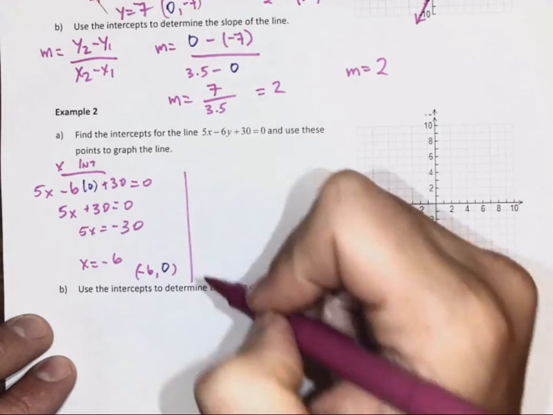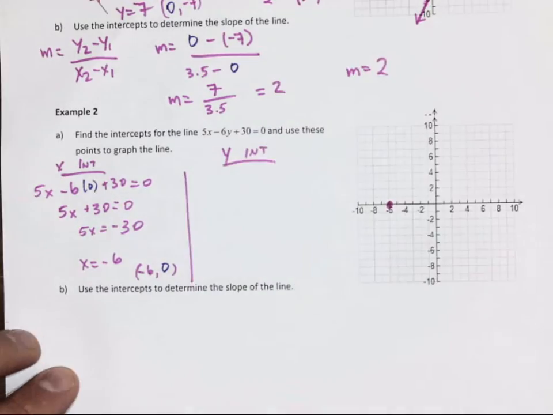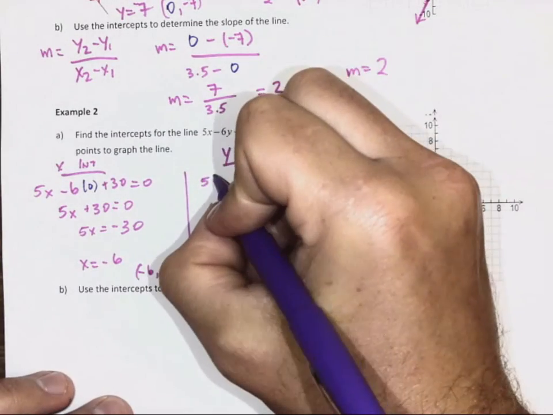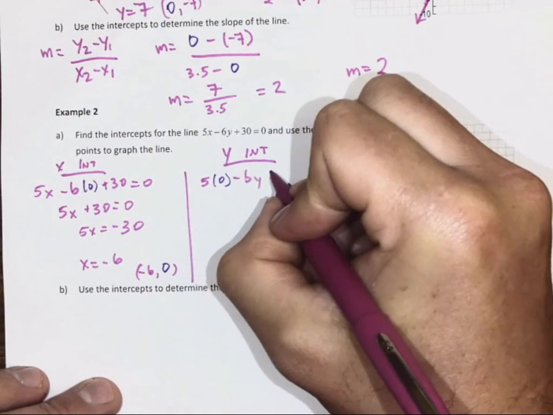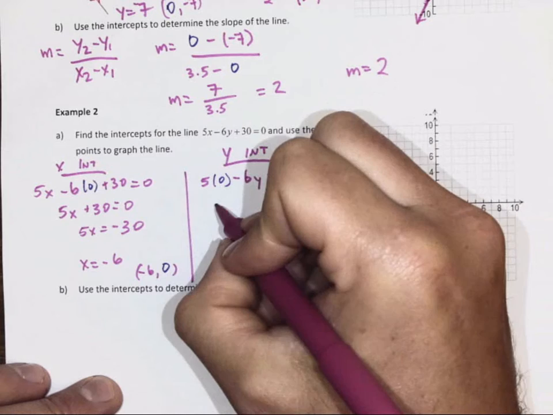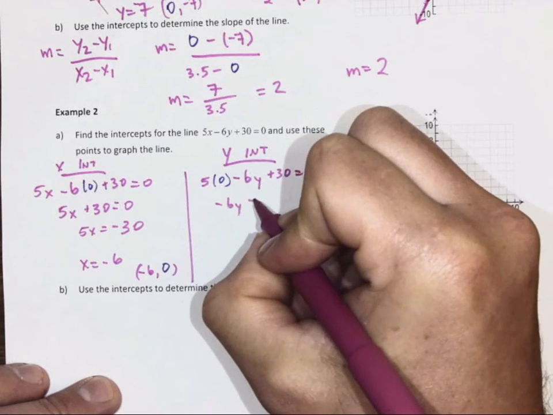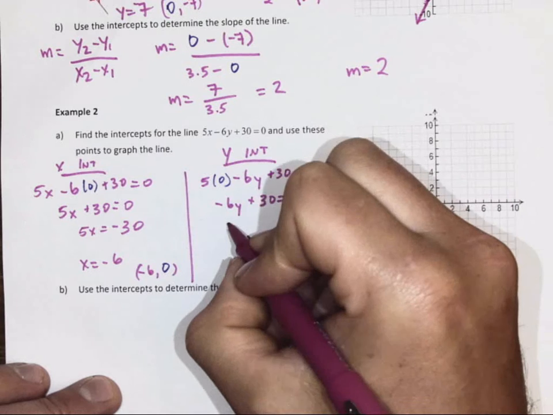For our y-intercept, we're subbing that x is worth 0. So 5 times 0 is 0. So we have negative 6y plus 30 equals 0. Take away 30, take away 30.